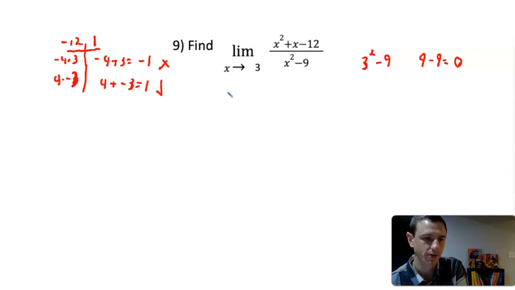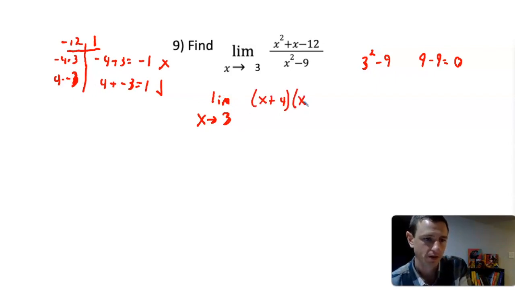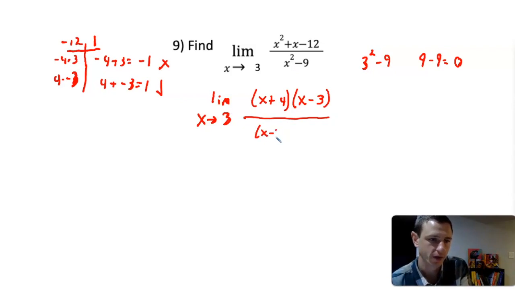So that means the top is going to factor to, so I have the limit of x going to 3. And we decided that our factors were 4 and negative 3. So it's going to be (x plus 4)(x minus 3), this is 4 and negative 3, over a difference of two squares, so that's going to be (x minus 3)(x plus 3). x squared is x times x, 9 is 3 times 3.